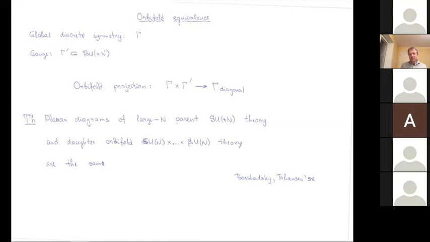So they are equivalent, at least perturbatively, at least at the planar level. Non-perturbative equivalence is not guaranteed, because even at large N there can be non-perturbative effects. But in the case that we will be considering in the large N limit, this is an exact statement, so that the theories are just equivalent to one another.